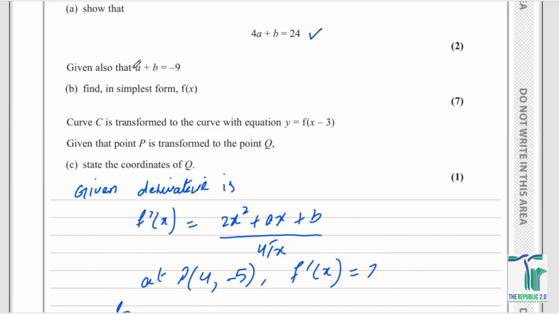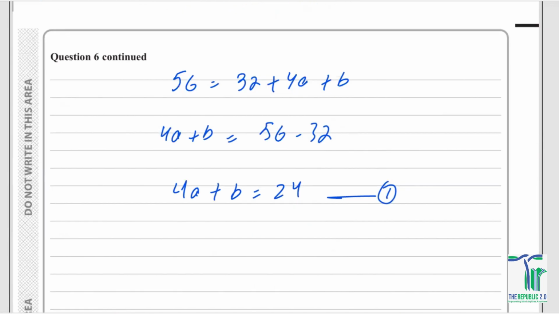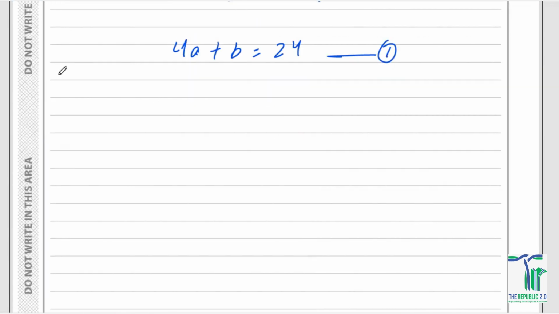Now it is also given that a plus b is equal to negative 9. So if a plus b is equal to negative 9, we need to find the f dash x in the simplest form. So first of all, by using both of these equations, I'm going to find the values of a and b. So in the second part, since a plus b is also equal to negative 9, the value of a from here could be negative 9 minus b.